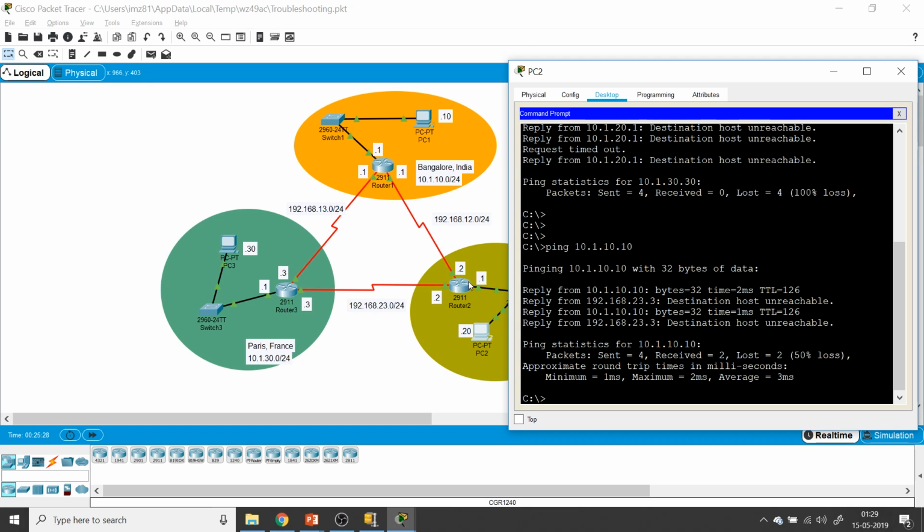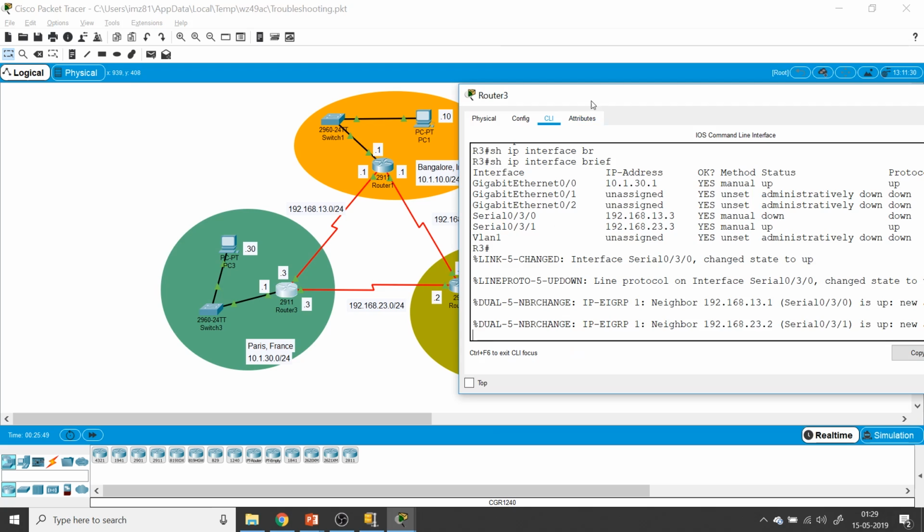So when the first packet is sent, I'm pinging 10.1.10.10, right? When the first packet goes here, of course there is 10.1.10.10 and the reply comes back. The second time I send, it comes here, and he says I have no idea who 10.1.10.10 is. So who am I going to send it to?